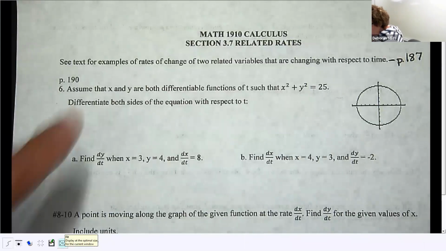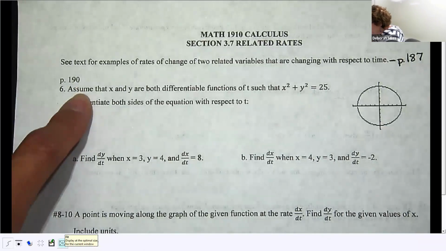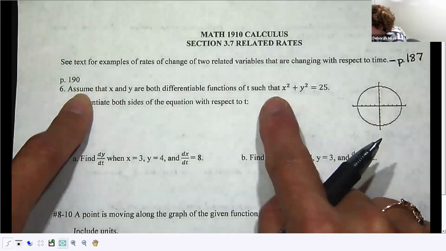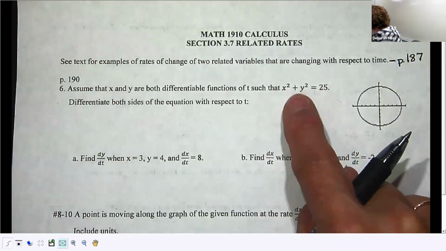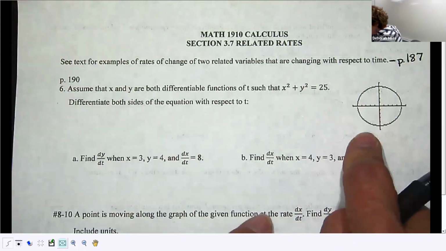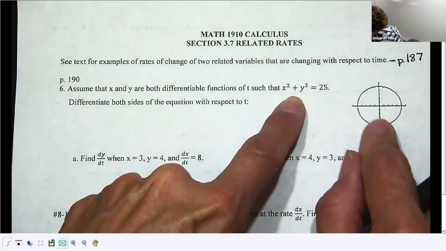Things that depend on time. Assume that x and y are both differentiable functions of time, such that x squared plus y squared is 25. The graph of x squared plus y squared is 25 is a circle with center (0, 0) and radius 5. So I drew that circle for you.